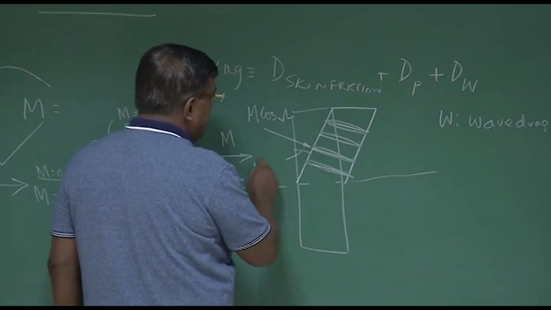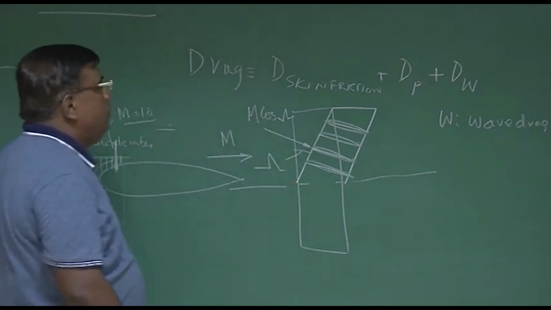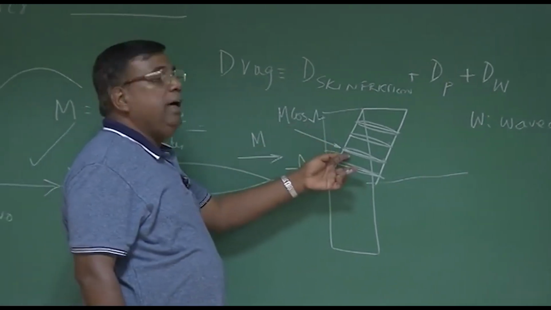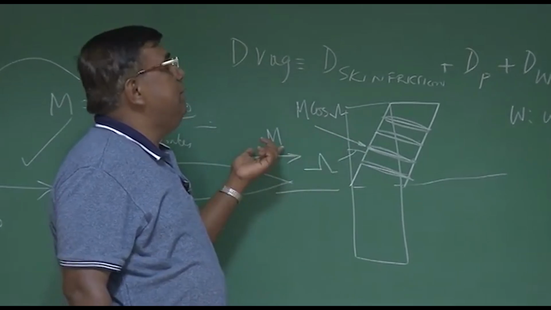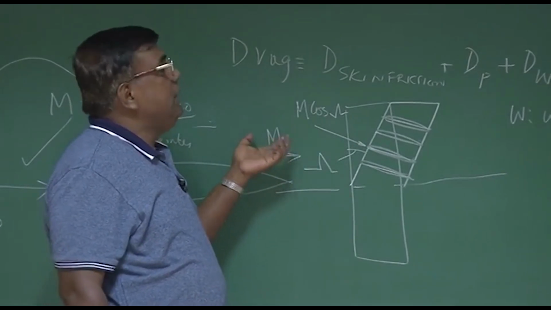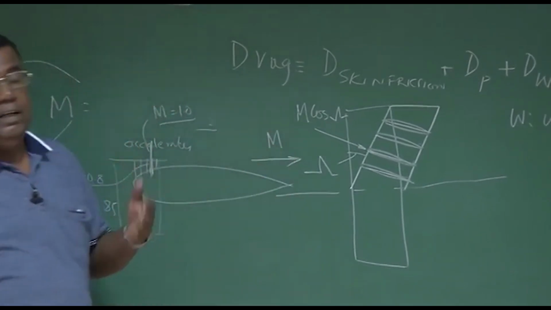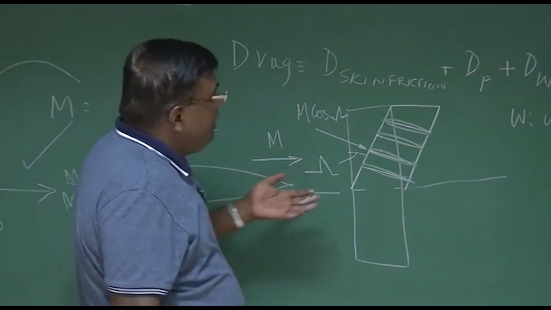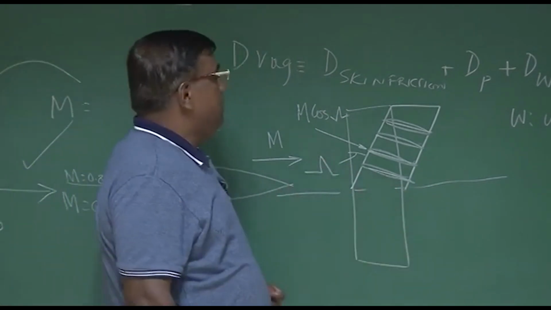Lambda is this angle, we call it sweep angle. So as lambda is greater than 0, the Mach number seen by the leading edge of the aerofoil is less than the free stream Mach number. So by giving appropriate sweep angle, we can go on increasing the critical Mach number, right? This is one of the primary reasons why we give sweep back to an airplane.